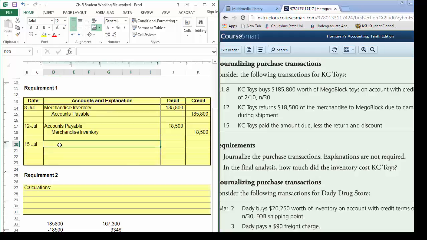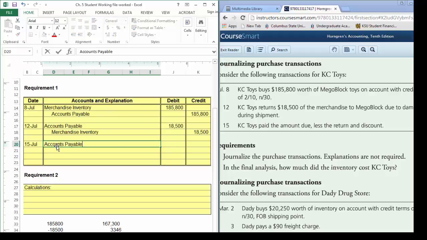All right, so now let's look at the journal entry now that we know how much cash we're paying, what our discount is, and what the balance in our payable account is. No matter what we pay, whether we're paying less than or equal to our accounts payable, we're always going to have to get the total balance in our accounts payable off of our books.